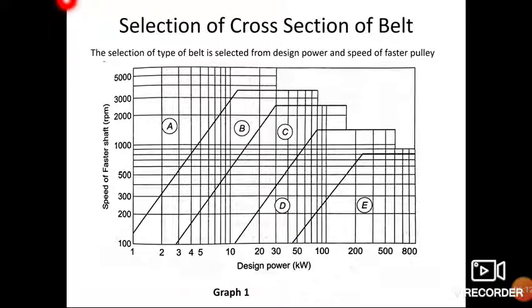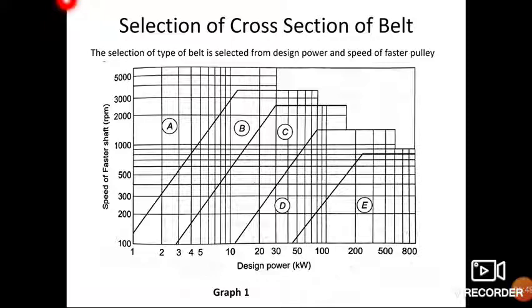Suppose your design power is 10 and your speed is 300, the intersection of 10 and 300 lies in the C zone, so you select the cross section of belt as C. And if your design power is 30 kilowatt and the speed of the fastest shaft is 200, the intersection lies in the zone of D, so your belt will be of D cross section. That way you will select a cross section of belt.